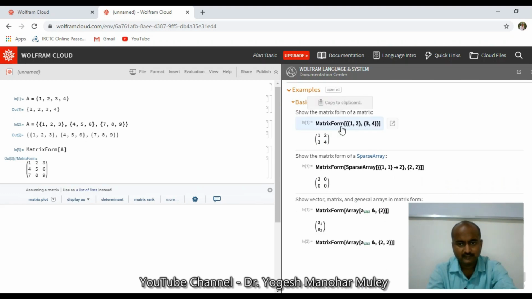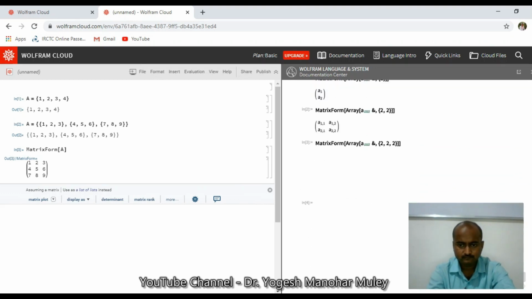We can directly write in the matrix form: the first list 1, 2 and the second list 3, 4. So this will give you a matrix. So for preparing a matrix we need a list. You can either enter it inside MatrixForm or you can prepare a separate list by giving any variable name.